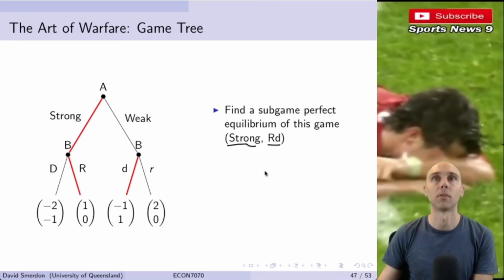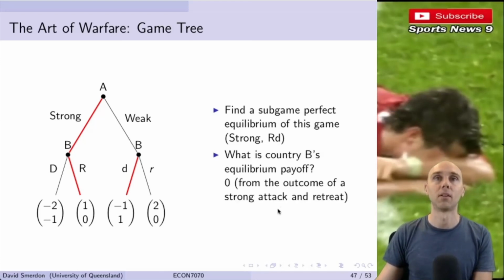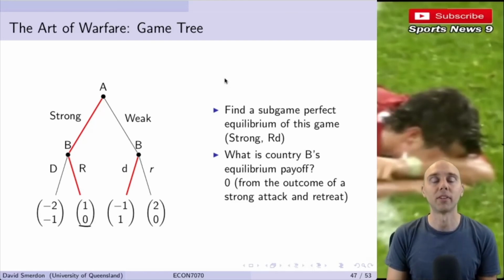That's the equilibrium outcome. So what's country B's equilibrium payoff in this case? Well, it's 0. It's this one here from the outcome of a strong attack and a retreat. It's not great for country B, and somehow it feels like country B should have been able to do better.